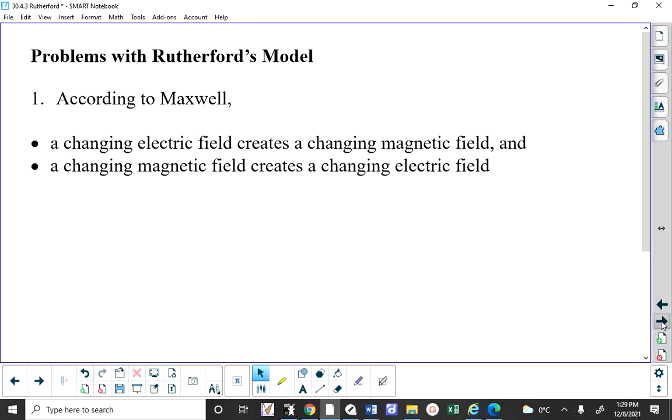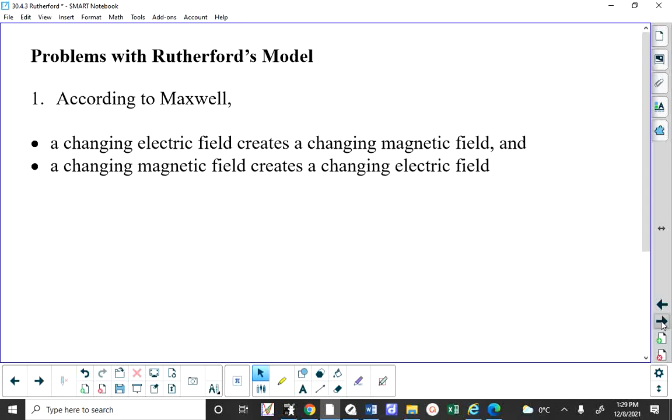So there are two serious problems with Rutherford's model of the atom. One is that, in the last unit, and this might be important for tomorrow's exam, anytime you have an accelerating charge, you will produce EMR. That's what Maxwell said. So if I have an electron that's accelerated by a voltage, I get EMR.